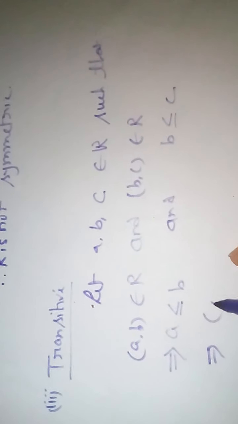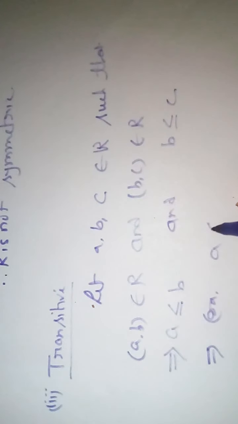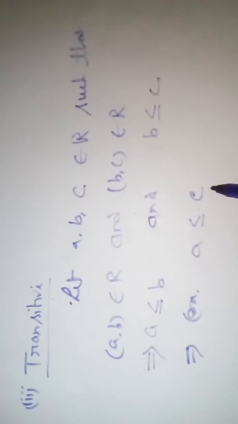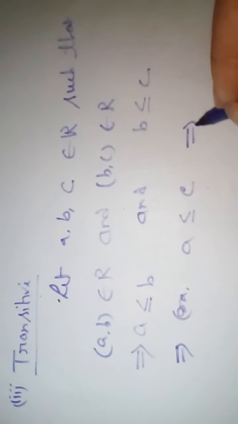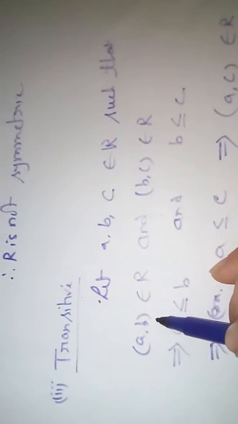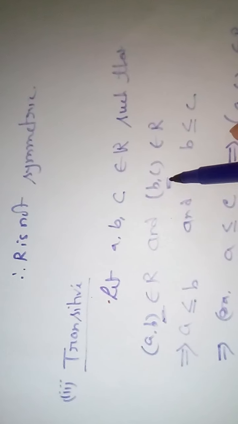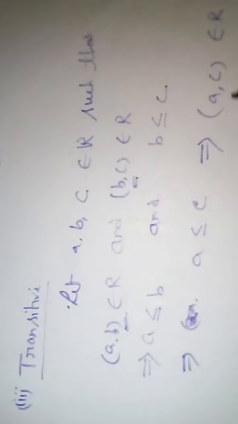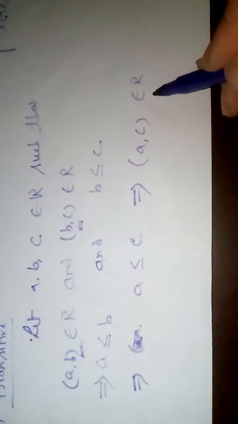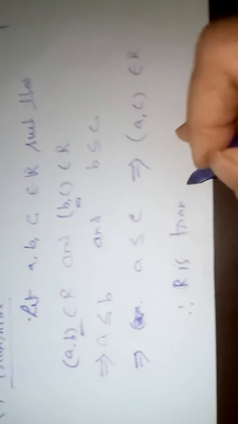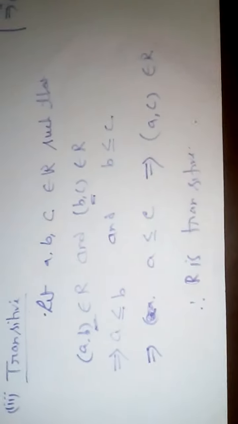And from here we can say A less than equal to C. A বিটকৈ সৰু, B সিটকৈ সৰু, so obviously A সিটকৈ সৰু হ'ব. This gives you AC belongs to R. Means you are taking ordered pairs and it satisfied the condition. This B and this B are the same, and then first is related with third. So we can say that AC belongs to R. And what is your conclusion? R is transitive. Thank you.